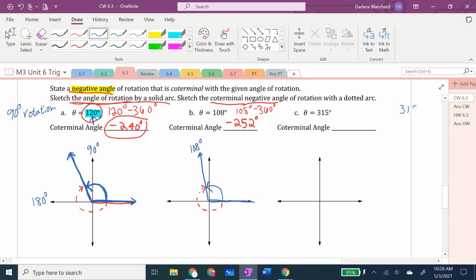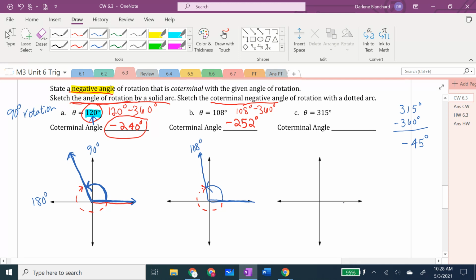If I want to find the negative coterminal angle, I'm going to subtract 360. What does that give me? And in this case, negative 45 is going to be easier to see its location than 315 degrees.